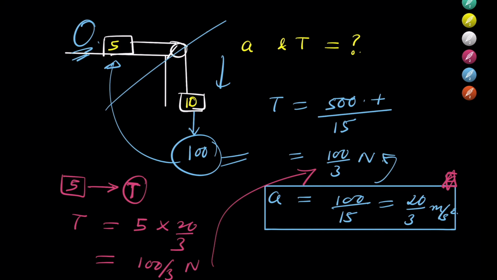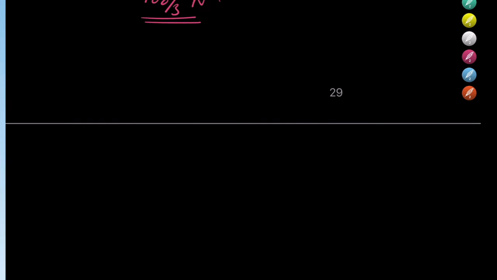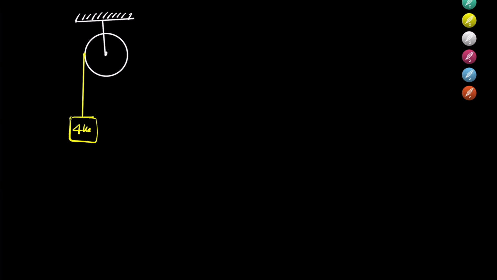Okay, so these are the pulley mass systems. Let's see some vertical cases also. This is a pulley, downward 4 kilogram.